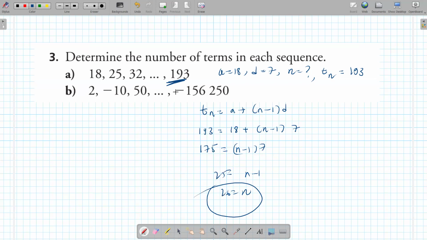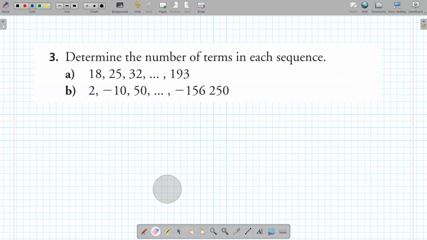The next one is the same thing, except it's geometric because you're multiplying by what? What's the D value for B? Not D, sorry, R. -5. Yeah, -5. So Tn is A times R to the power of n minus 1. Tn is this number, -156,250. A is 2, R is -5 to the power of n minus 1. How do we solve this exponential equation?